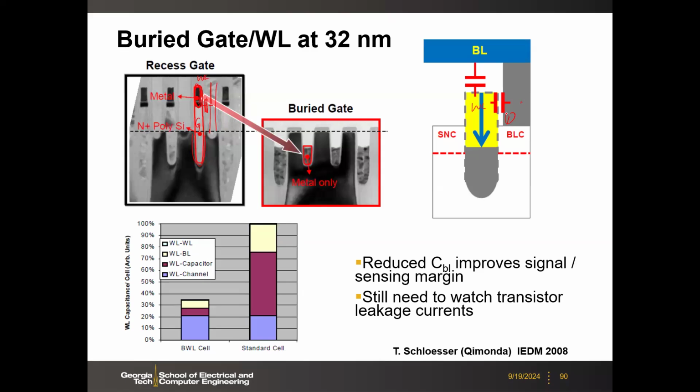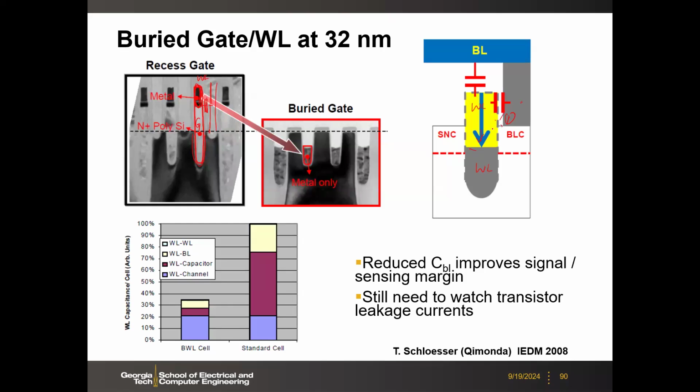So here the idea is to get rid of this polysilicon, try to bury the metal word line underneath the surface of the silicon. Right, so basically you are doing this. You are burying this, basically removing this word line, but burying the word line into the silicon.